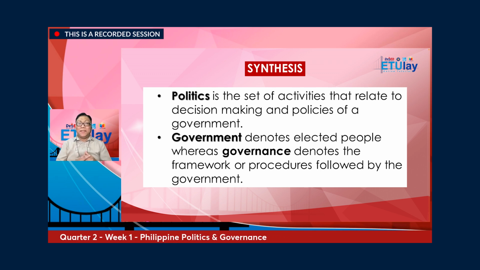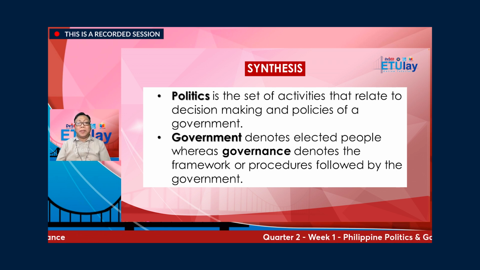Now, as a form of synthesis, I've mentioned that politics is the set of activities that relate to decision making and policies of a government. Well, government denotes elected people, whereas governance denotes the framework or procedures followed by the government.